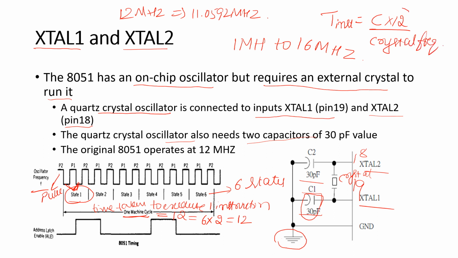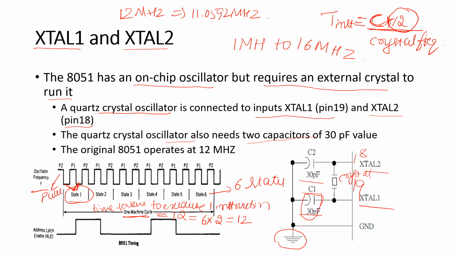Because one machine cycle has 12 oscillator pulses, for C machine cycles we require C into 12 oscillator pulses, divided by the crystal frequency of the 8051 microcontroller. So T is equal to C into 12 divided by the crystal frequency.